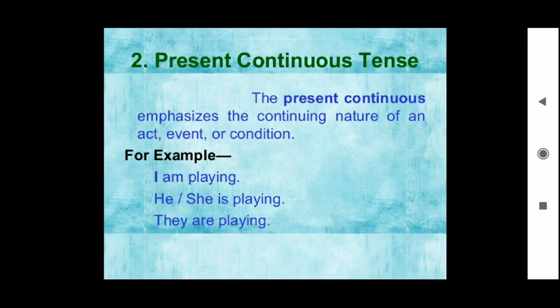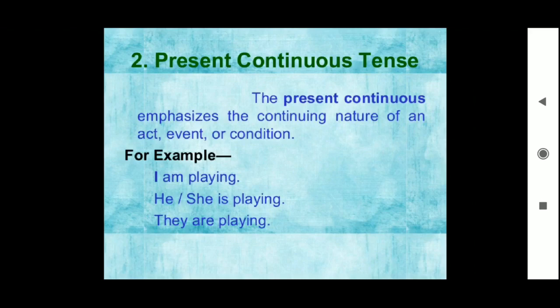Now, the second point is present continuous tense. The present continuous emphasizes the continuing nature of an act, event, or condition. For example, you can see, I am playing. It means the work is still going on.